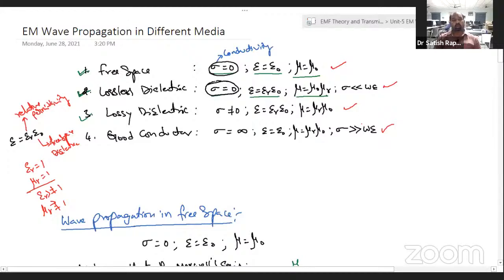And I have defined how different media are characterized in terms of conductivity, permittivity, permeability. Free space, sigma is equal to 0, epsilon is equal to epsilon naught, mu is equal to mu naught. This is how the characteristics of the media are defined.